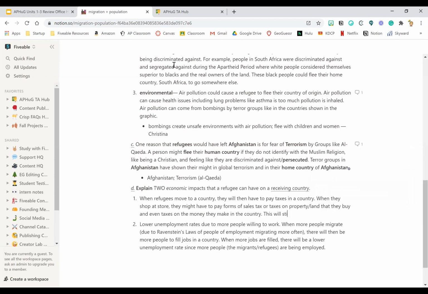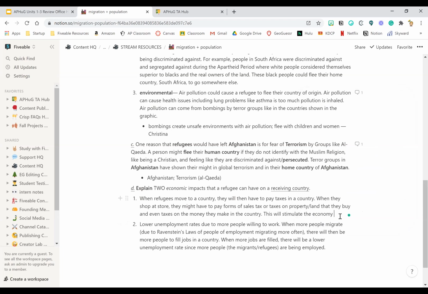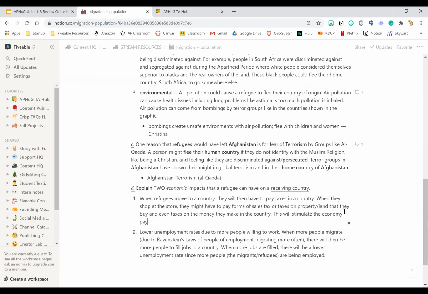This will stimulate the economy. I'm just saying that because it's a buzzword. I really honestly cannot define what it means right now unless I really thought about it. My AP macro econ skills are not on point right now. Paying the government taxes so they have money in the country. Money, money, money.